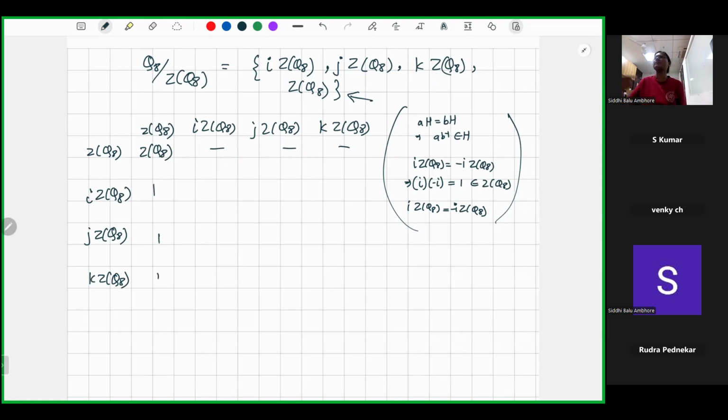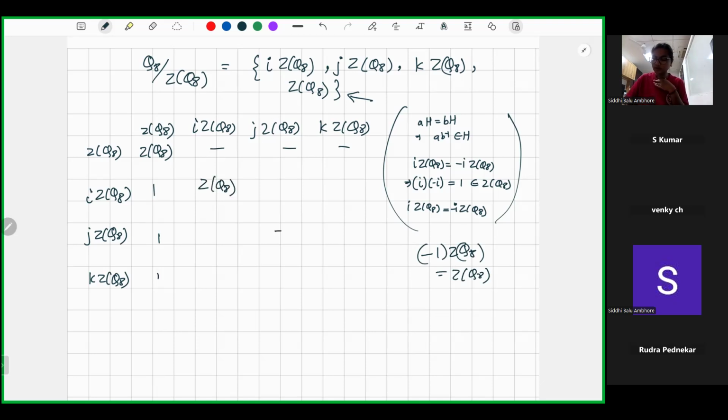Now, I into I will be I square, and I square will be -1. And the moment I have -1, this minus ZQ8 is my ZQ8 under this quotient. So this is my ZQ8.